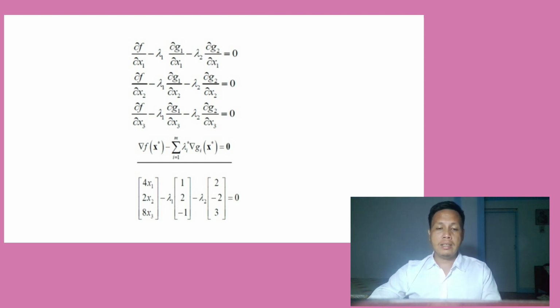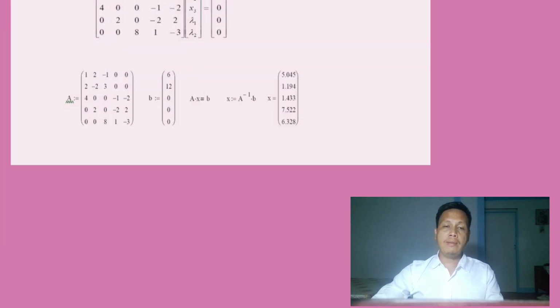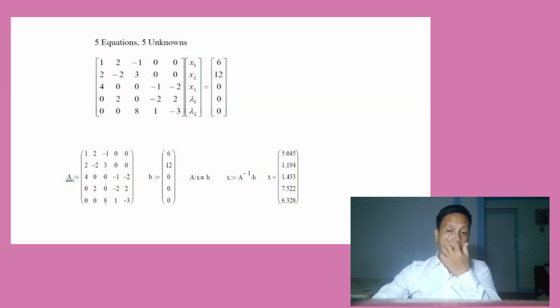You will now get the equation below, 4x sub 1 minus lambda 1 times 1 minus lambda 2 times 2. So there are 5 equations and 5 unknowns.